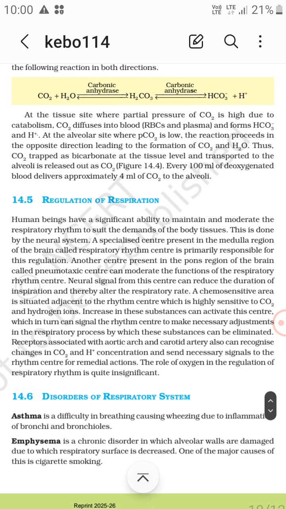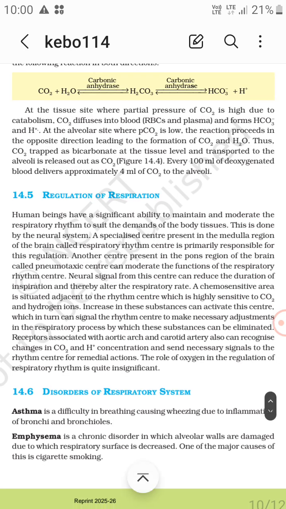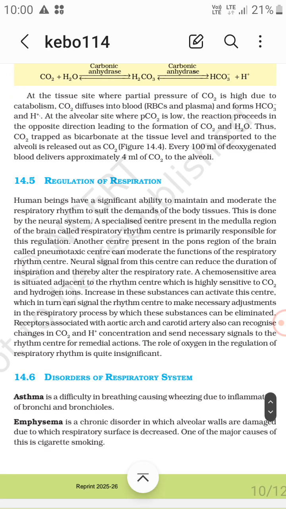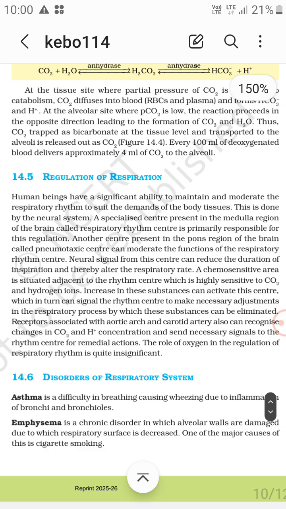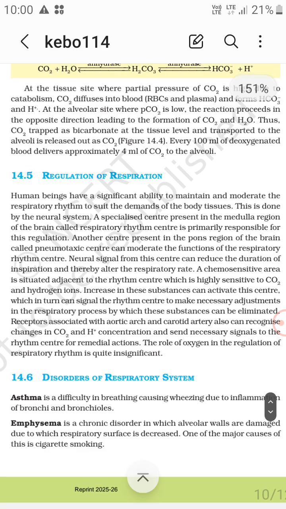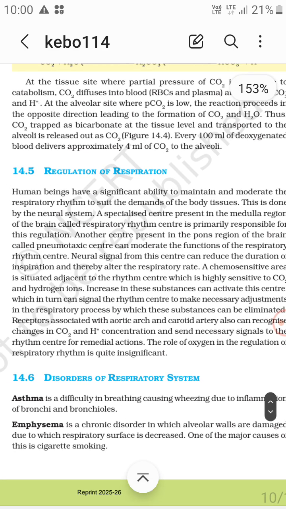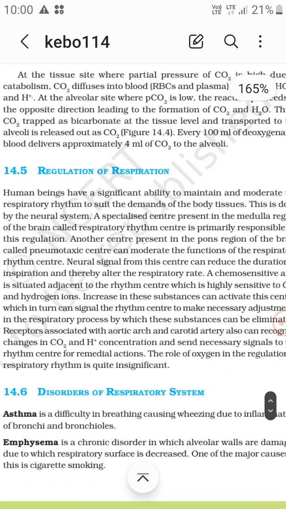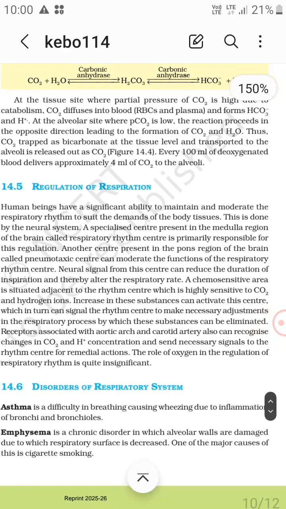Another center, present in the pons region of the brain, called the pneumotaxic center, can moderate the functions of the respiratory rhythm center. Neural signals from this center can reduce the duration of inspiration and thereby alter the respiratory rate.